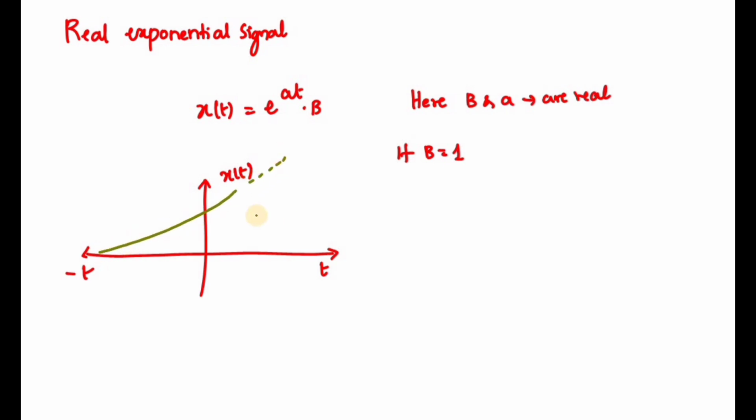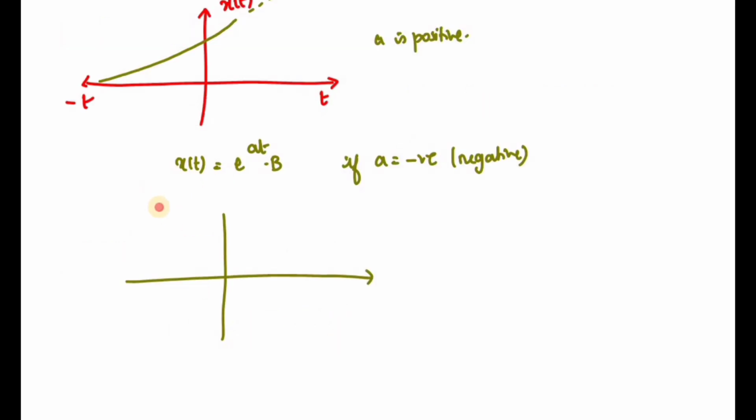So it is an exponentially increasing signal when a is greater than 0. In a similar way, if a is less than 0, you will get the signal like this.